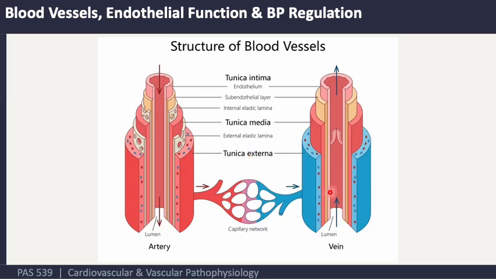The arteries and the veins form their own network, and you go from an artery to an arteriole, which is about right here, and then this little area is called a capillary network.